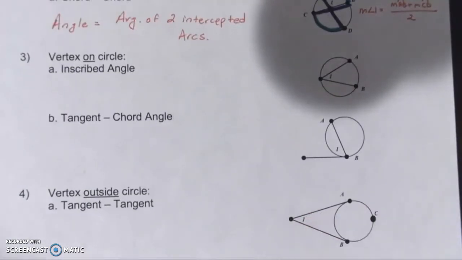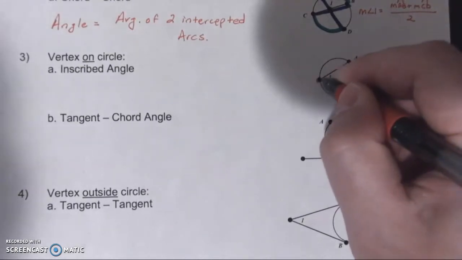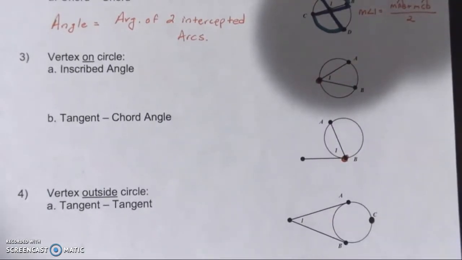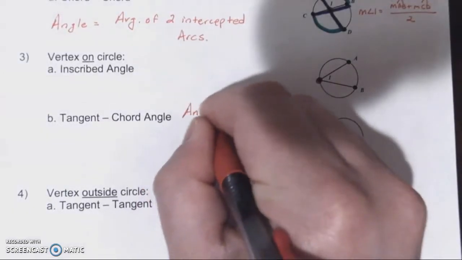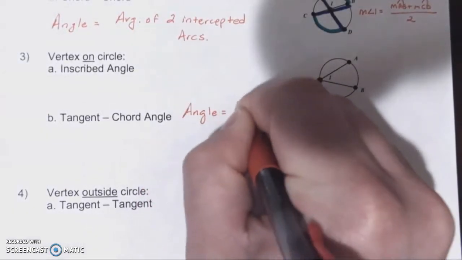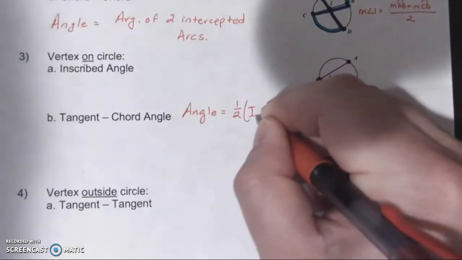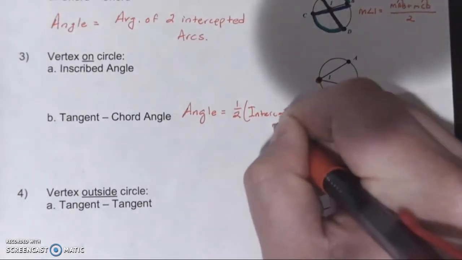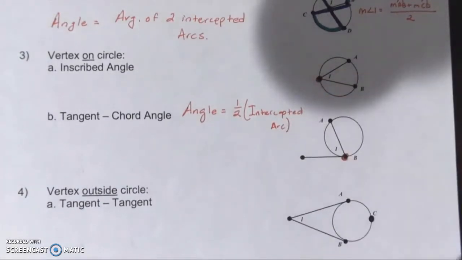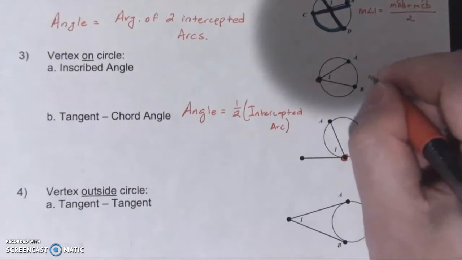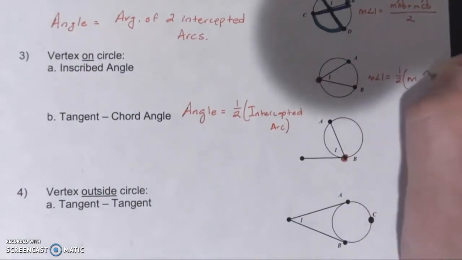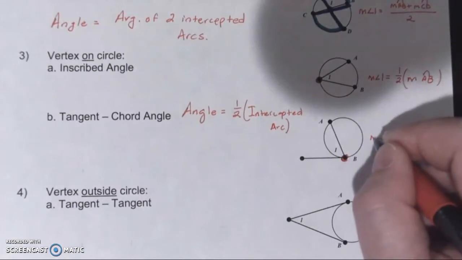We could also have an angle whose vertex is on the circle, lies directly on the circle, like these two angles here. Okay, if that's the case, the angle is equal to half the measure of the intercepted arc. So in both of these cases, the measure of angle 1 would be 1/2 the measure of arc AB.